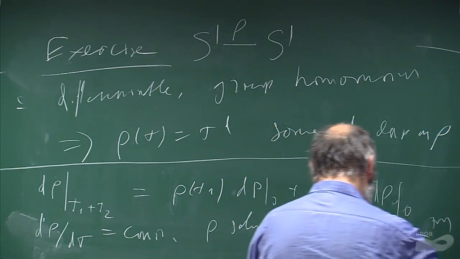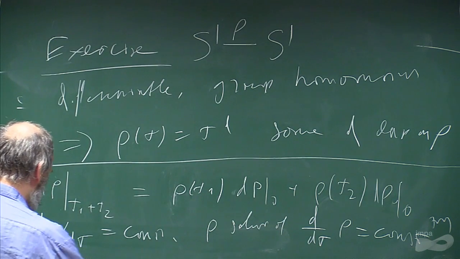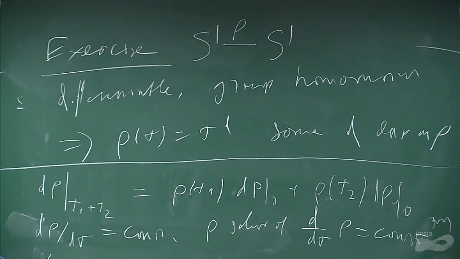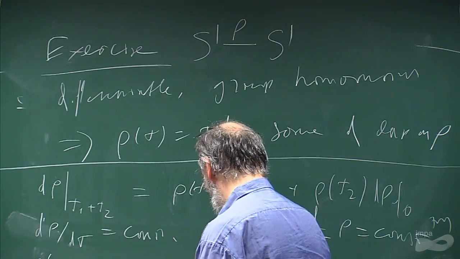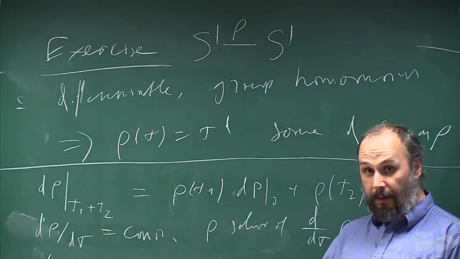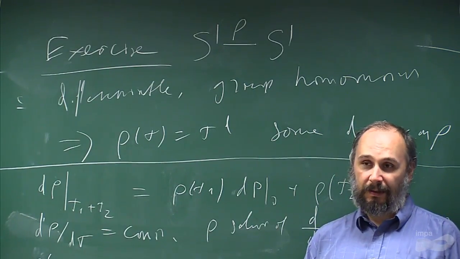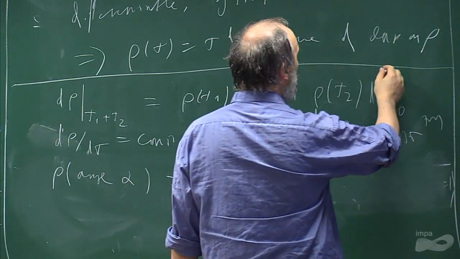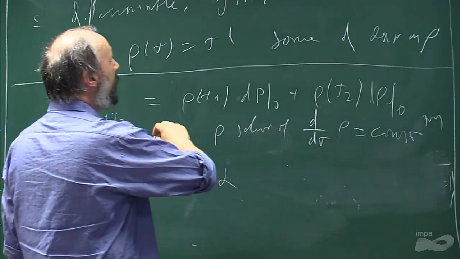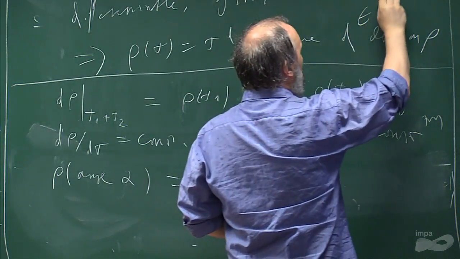So if you have rho of a point with angle alpha, it is some constant d times alpha. But then d has to be an integer because rho of 2 pi is 0. So d is of course an integer.